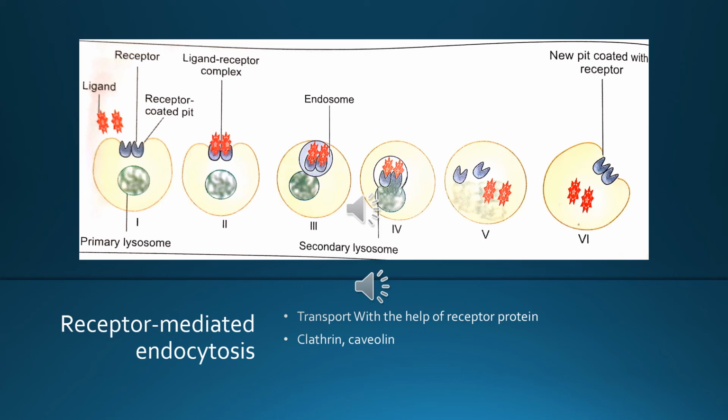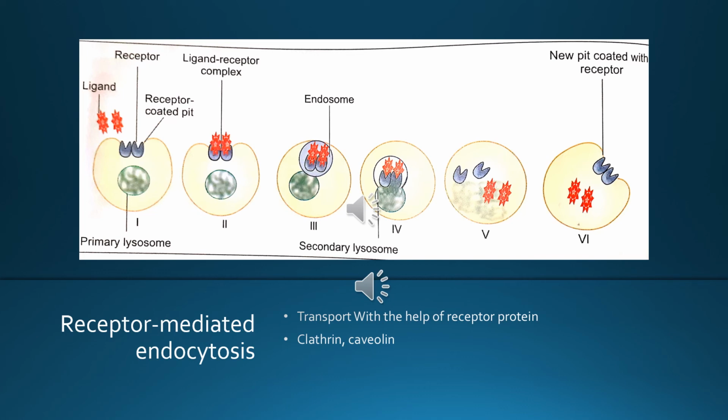Primary lysosome gets fused with this endosome to form the secondary lysosome, and the hydrolytic enzymes inside this lysosome get activated, resulting in the release of these ligands into the cytoplasm. And this receptor again moves to the cell membrane to a new pit.